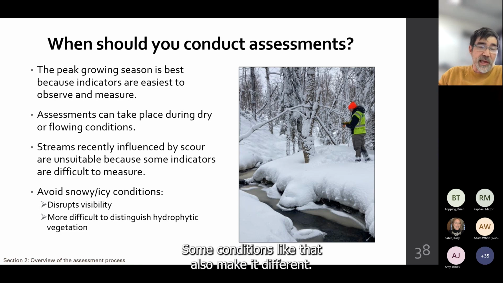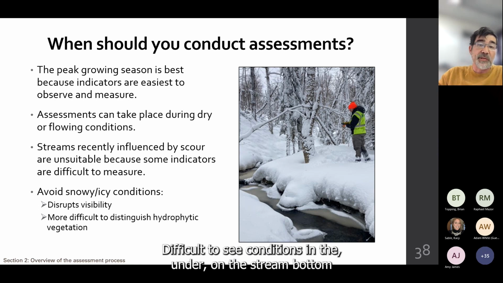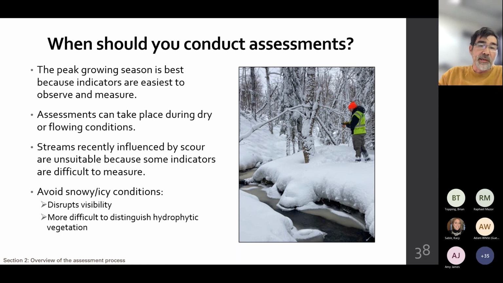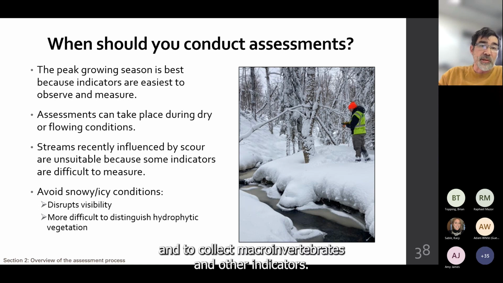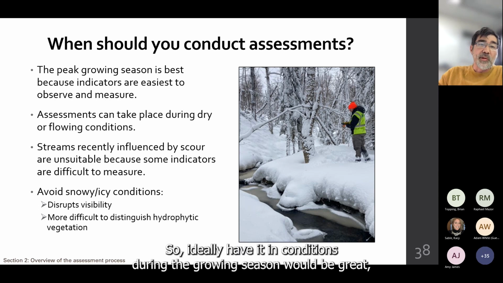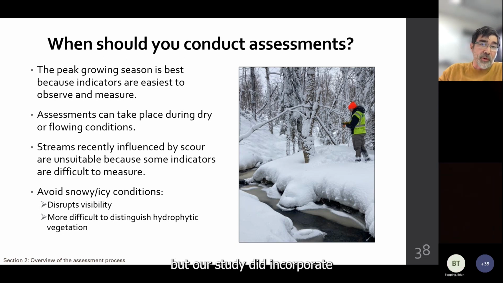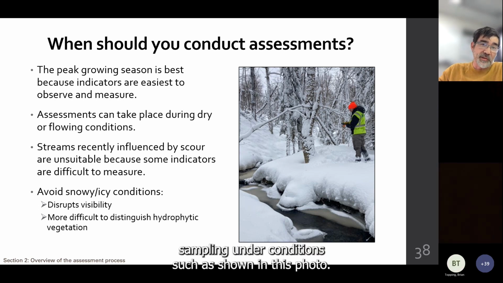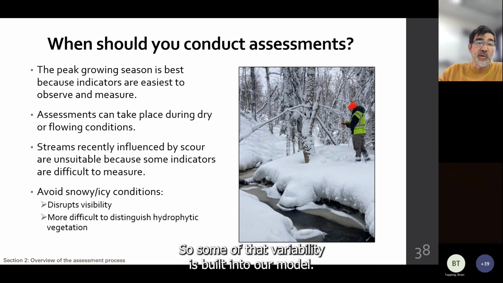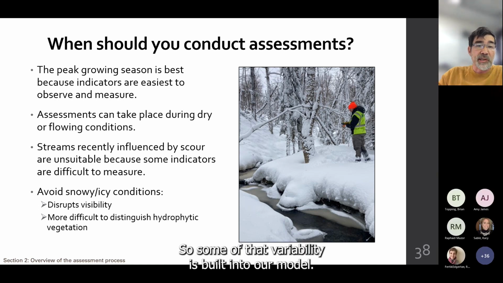Some conditions like that also make it difficult to see conditions on the stream bottom and to collect macroinvertebrates and other indicators. So ideally, having conditions during the growing season would be great, but our study did incorporate sampling under conditions such as shown in this photo. So some of that variability is built into our model.